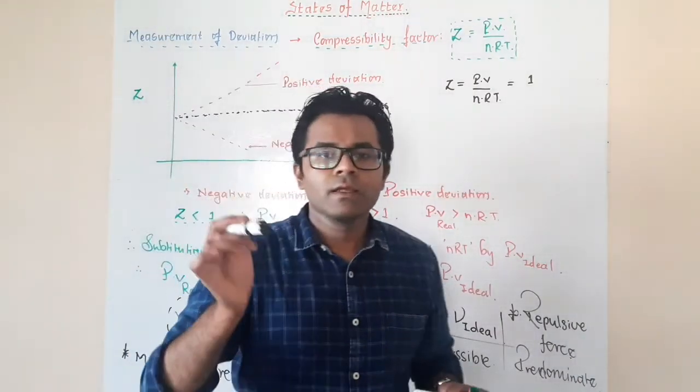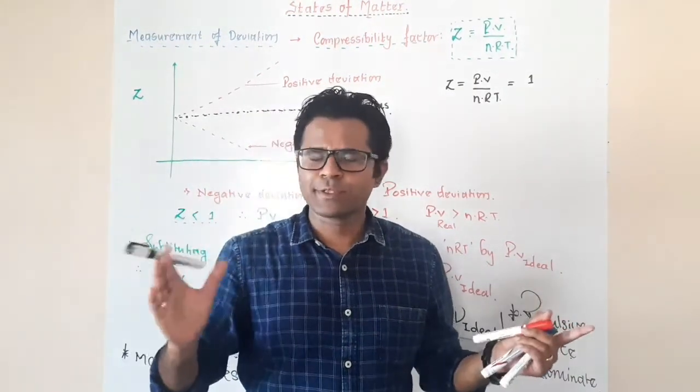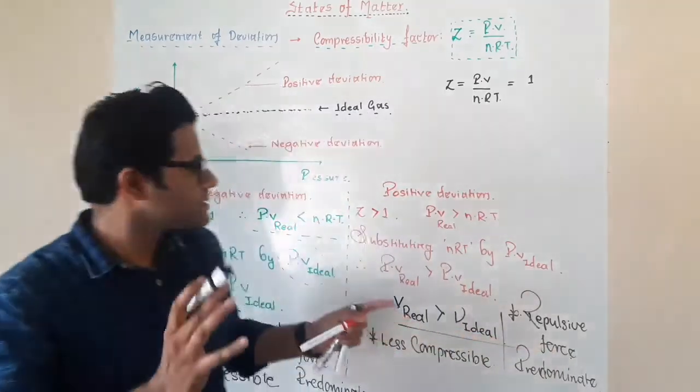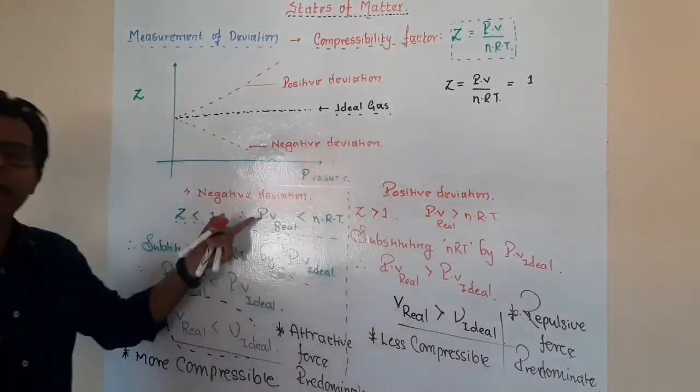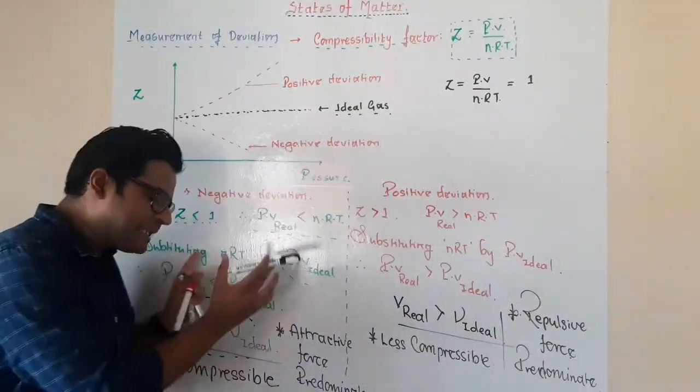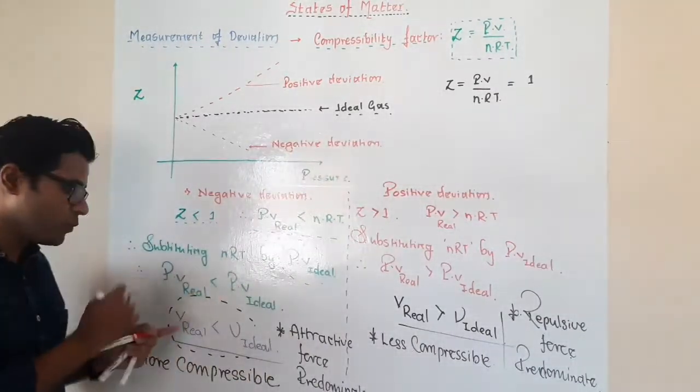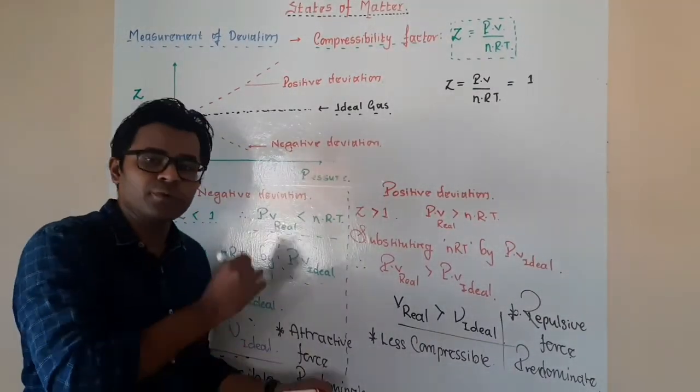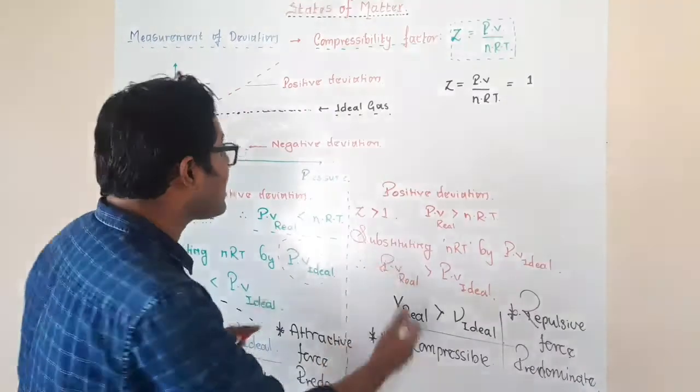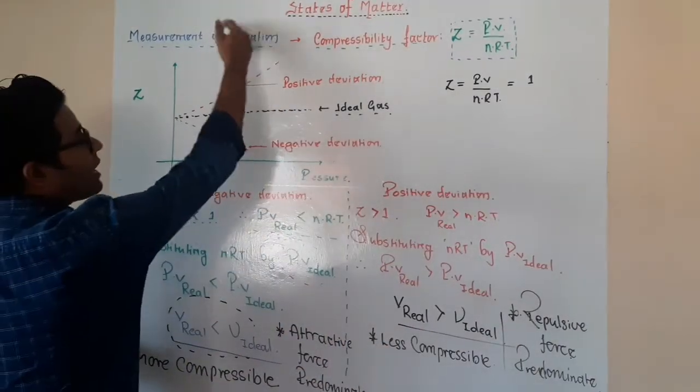When we observe all these conditions, this positive deviation and negative deviation, how they vary with respect to the volume and with respect to the attractive forces, these are the only causes for our deviation.